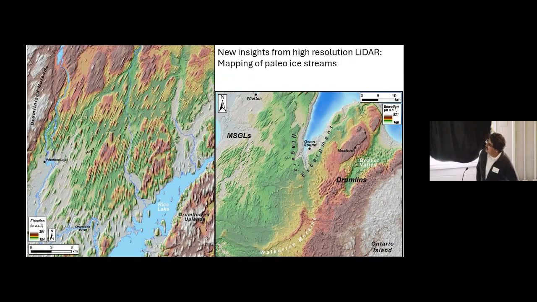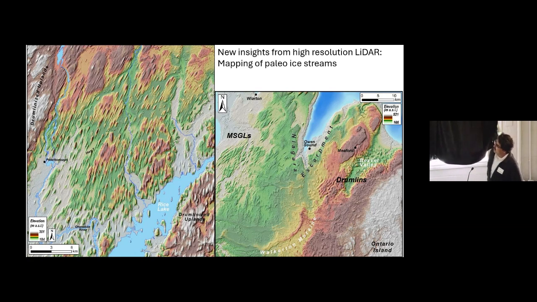When we have a big dome of ice over a continent, it will have conduits or arteries of very fast flowing ice. These are called ice streams, and we can recognize these ice streams now in Ontario with that delicious LiDAR we have now. Their beds are easily recognizable because they're marked by highly elongate ridges of megascale glacial lineations. This is an image of what they look like.